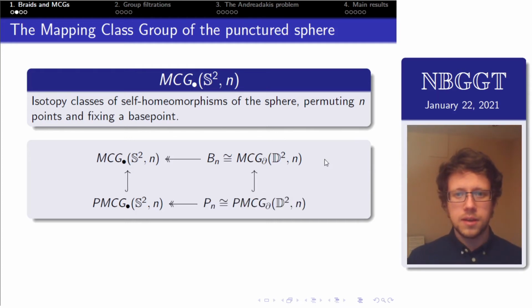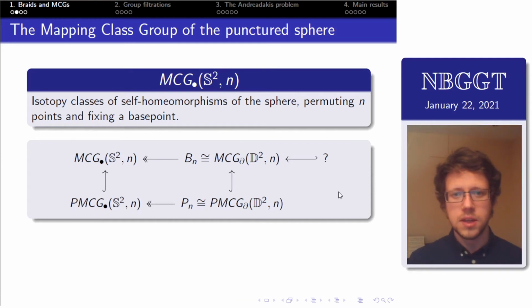And we have inside this mapping class group the pure braid group, of which our pure mapping class group is a quotient. So if we want to understand the groups on the left from the groups on the right, we have to understand the kernels. So what is the kernel of this quotient, and what is its intersection with the pure braid group?